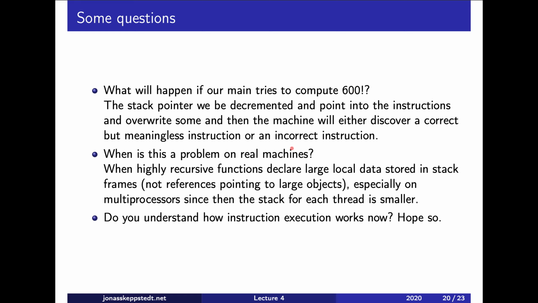Is this a problem on real machines? No. Well, it depends. If each function has a huge local variable, then it will be a problem. But usually we avoid that, so we can make highly recursive functions without too much risk of crashing the machine.